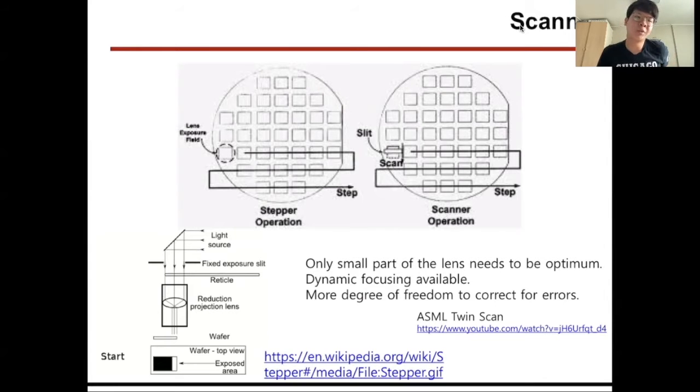The reason for using scanners in the optical systems is that the side of the lens can be distorted, so we don't use this part, and we use only the center of the lens, to prevent these distortions at the edge of the die.